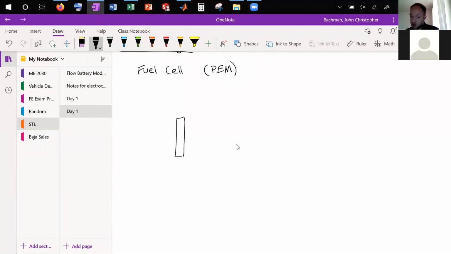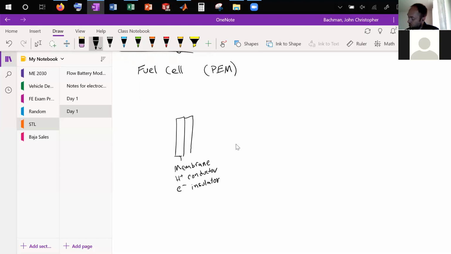So they have at the core this membrane, which is a proton conductor, electron insulator. So this thing is like a fluorinated polymer that has water in it.